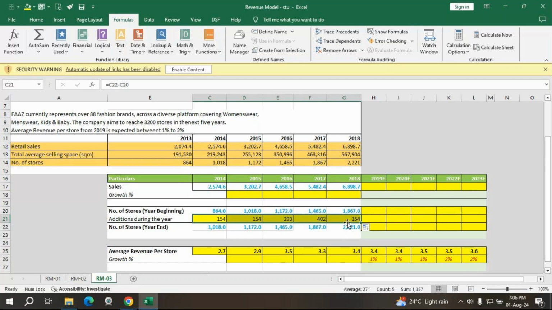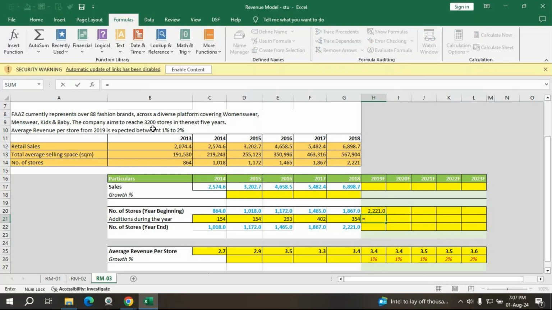Now coming here, I'll say equals last year's ending, the number of stores we had at the year end, that is going to be the beginning of this year's. Then what is the expected addition during the next 5 years? In the other 5 years they are telling that they want to make the stores up to 3200.